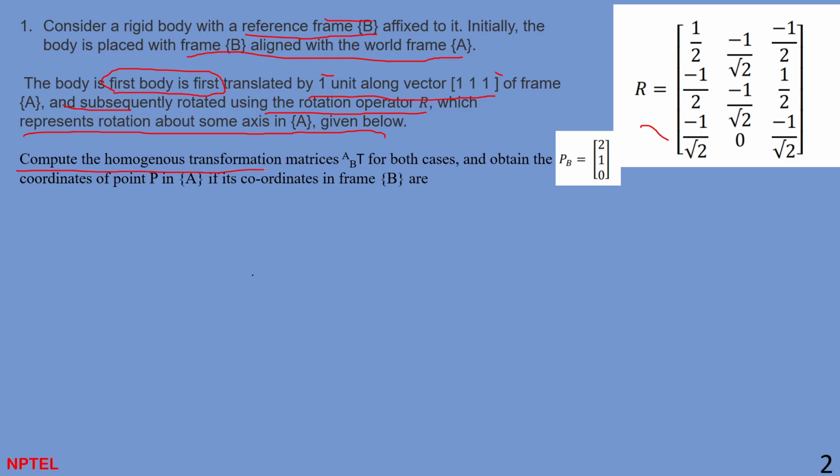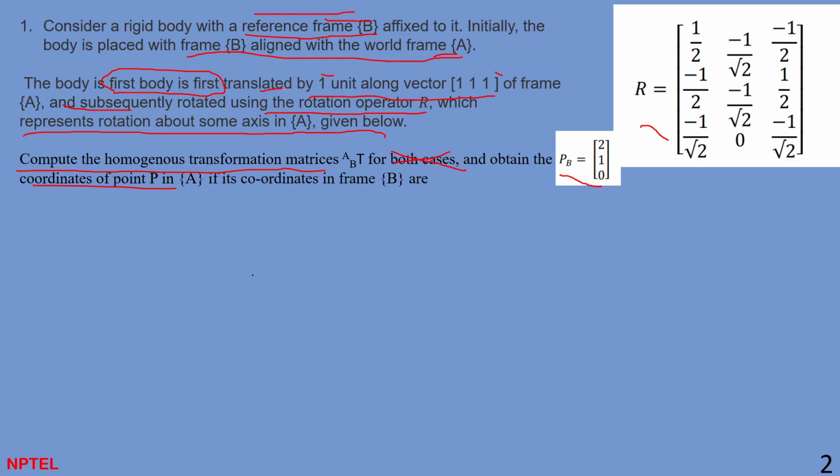Compute the homogeneous transformation matrix TB with respect to A for both cases. Okay, so there is only one case here, and obtain the coordinates in A. The coordinates in frame B are given. So there is a rigid body with a reference frame B. A is a fixed frame, whereas B is moving with this transformation, right?